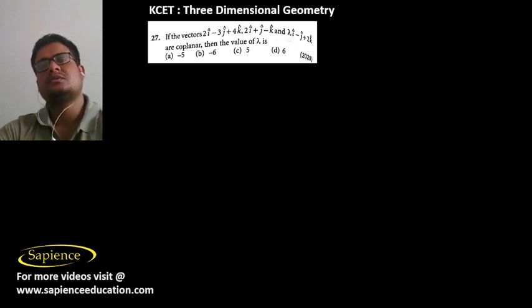Then question number 27: if the vectors are coplanar, then the value of lambda is. Three vectors are coplanar if they lie in the same plane.